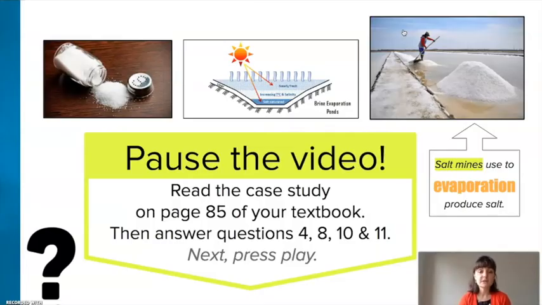So pause the video and read the case study on page 85 of your textbook. You're going to be reading about salt mines and how salt mines are basically ways to produce salt by evaporating water. So you will answer questions 4, 8, 10, and 11. And once you've answered those questions, you will press play to continue with your lesson.